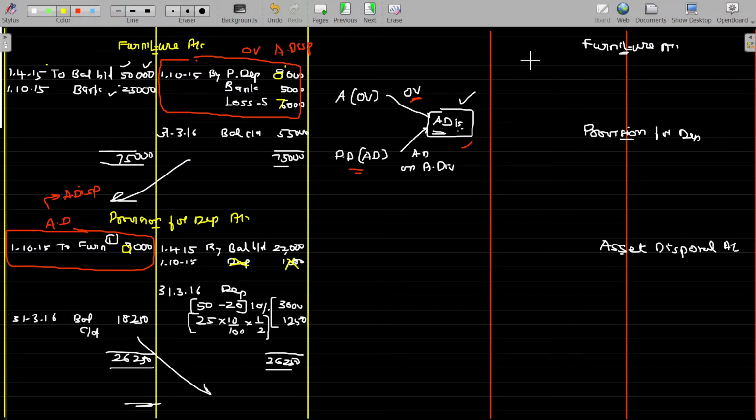The opening balance of furniture being 50,000 rupees, and new purchases being 25,000. And on furniture's credit side, I just copy here. This one is copied, that's all. So I skip the date here.